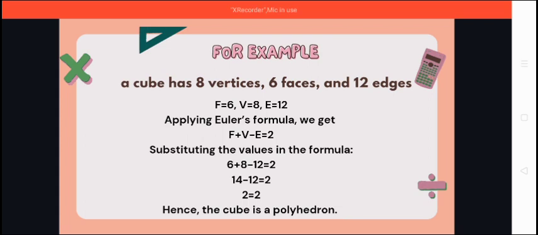Substituting the values in the formula, F is 6, V is 8, minus 12 equals 2. So 6 plus 8 equals 14, minus 12 equals 2. So 14 minus 12 is 2, then equals 2. Both sides are equal. So we can conclude that, hence, the cube is a polyhedron.